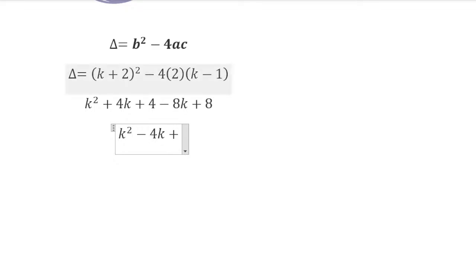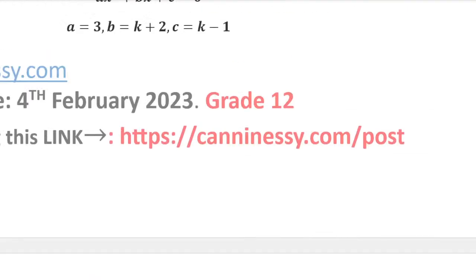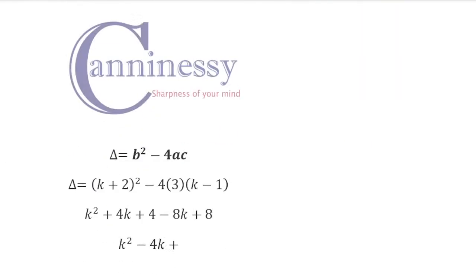There's something I left here. Remember delta is b squared minus 4ac. The value of a is 3, not 2. Let me check. Yes, it's 3, not 2.